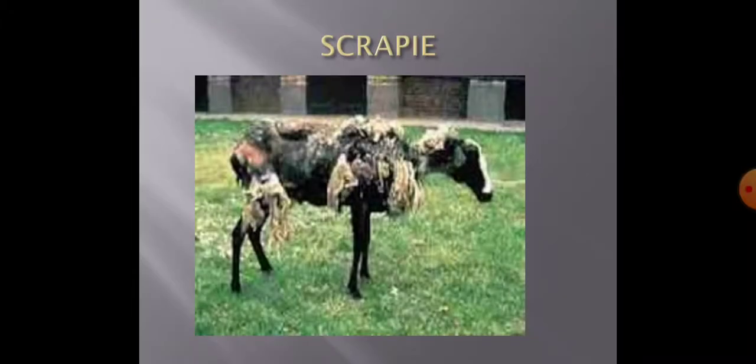Scrapie is another disease caused by prions, and that is found in sheep. Another is given in your book, that is kuru in humans, but it was found in a special tribe in Papua New Guinea, where the people had a special ritual when somebody died in their family, that they ate the brains of their dead people.